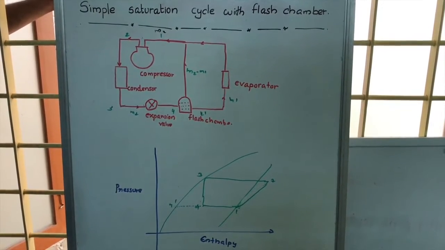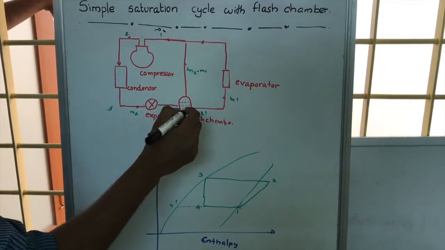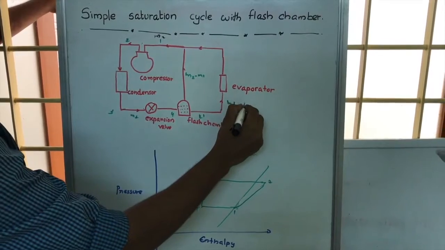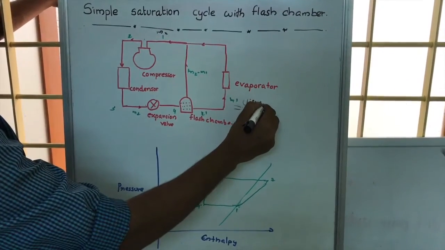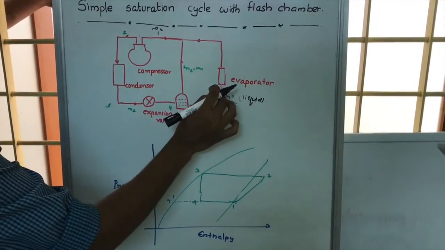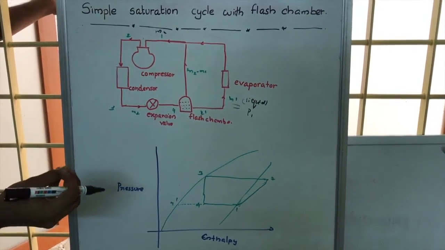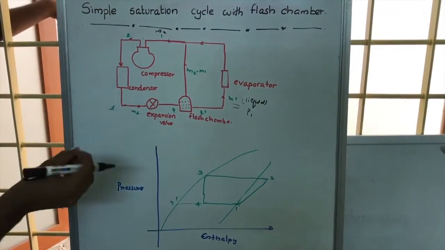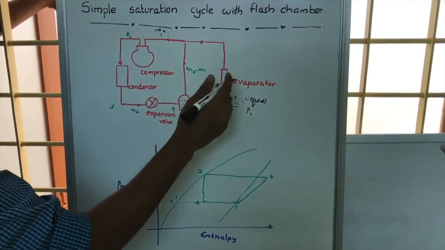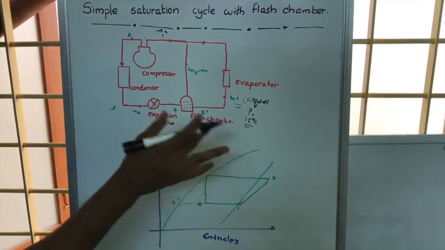Now what happens in the evaporator is that a mass M1, which is liquid mass, passes through this evaporator, and this liquid will be at a low pressure. Low pressure means the boiling point of this liquid will be very low, about some 15 degrees.